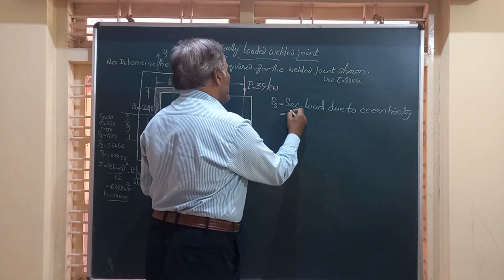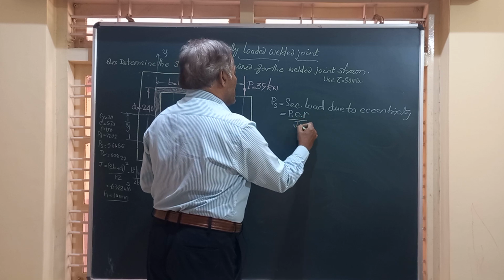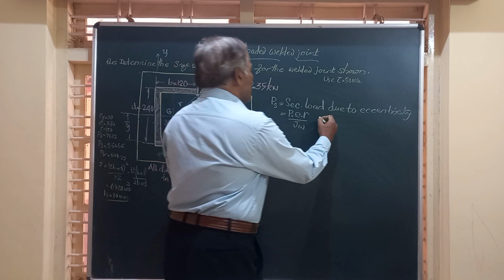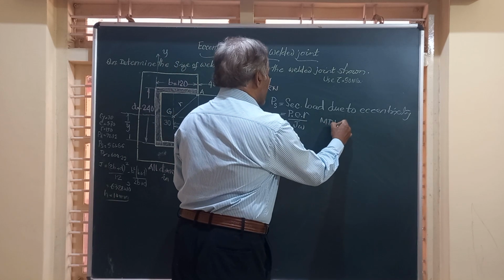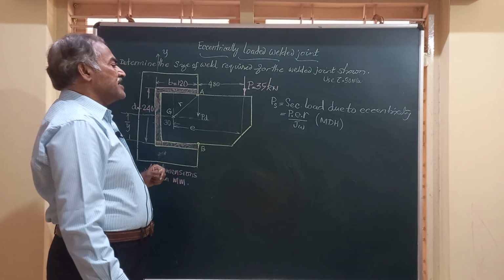That is given by the formula P into E into R by JW. This is again available in the machine design handbook under the chapter design of welded joints.